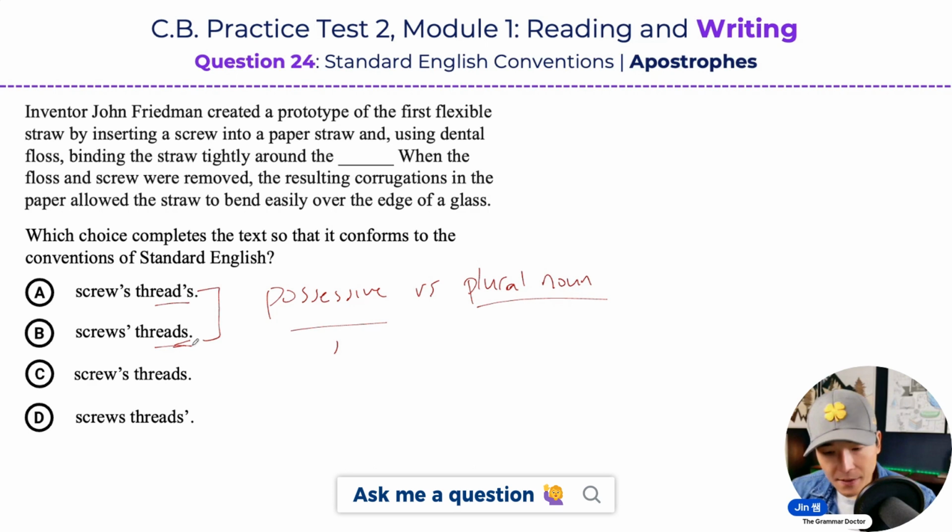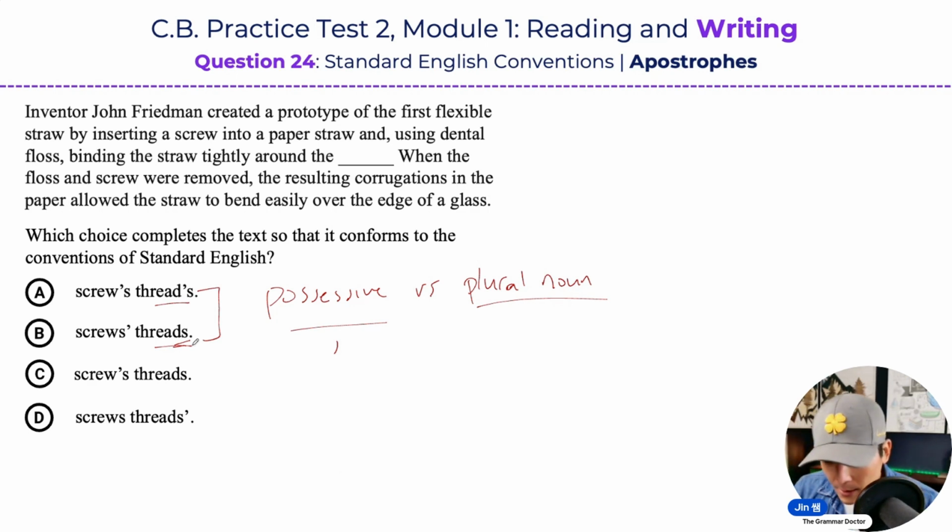Okay, so this is the first tip that you want to know. It's a very cool shortcut. Whenever you have a possessive, whenever you have an apostrophe noun, there always has to be some other noun attached to it. There has to be another noun after it. So if I said something like Jack's car, notice how there are two nouns next to each other.